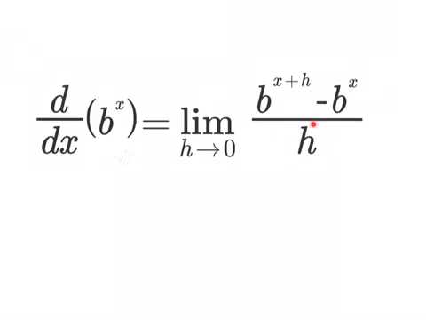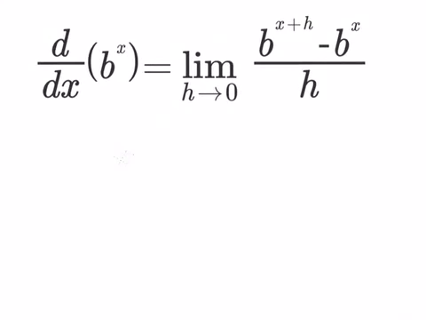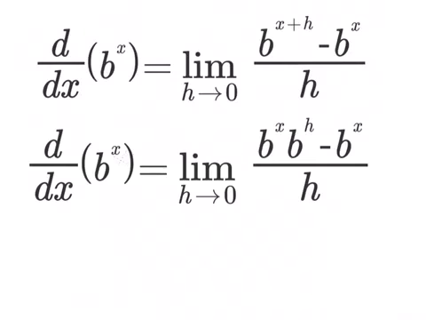This doesn't really answer the question, but we can manipulate this a little bit. The first thing we can do is rewrite b to the x plus h as b to the x times b to the h.